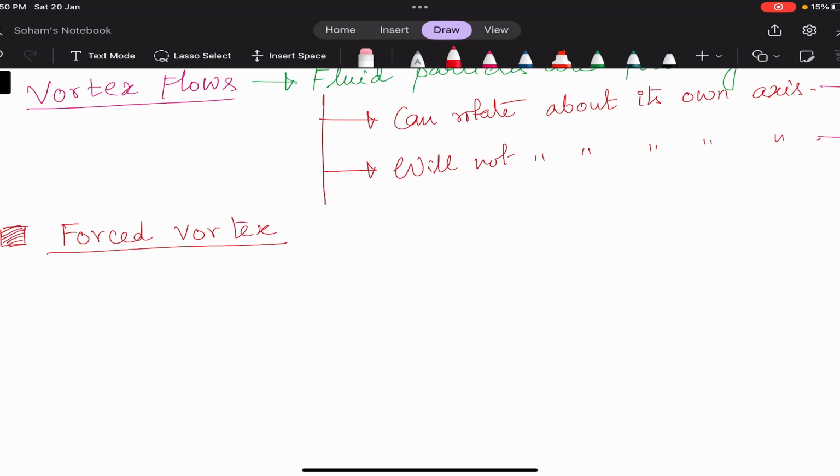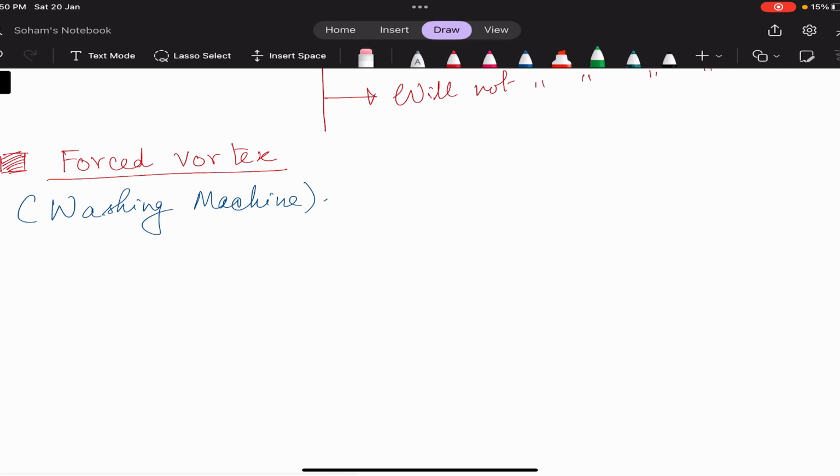So the example is a washing machine. That is a forced vortex. Mathematically, a forced vortex means v theta is proportional to the radius, so we say C into r, and v r equal to v z equal to 0.